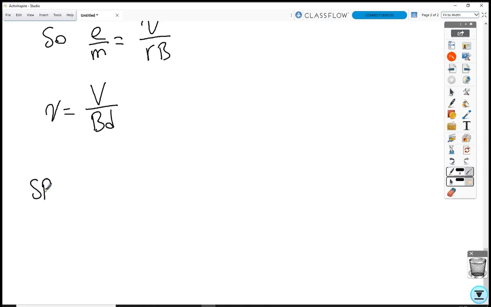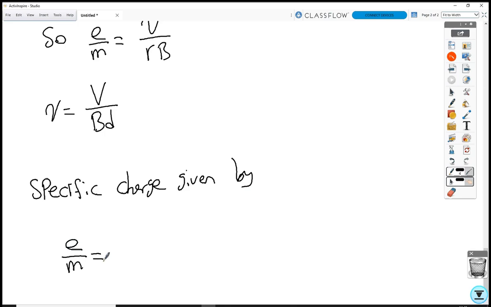So the specific charge is then given by E over M is equal to V over r times B times B times D. So that's V over B squared rD.